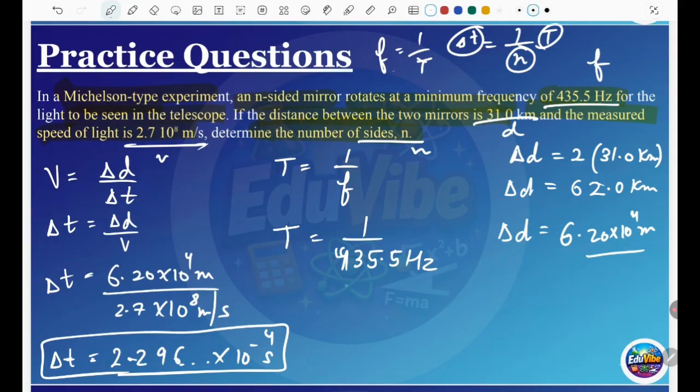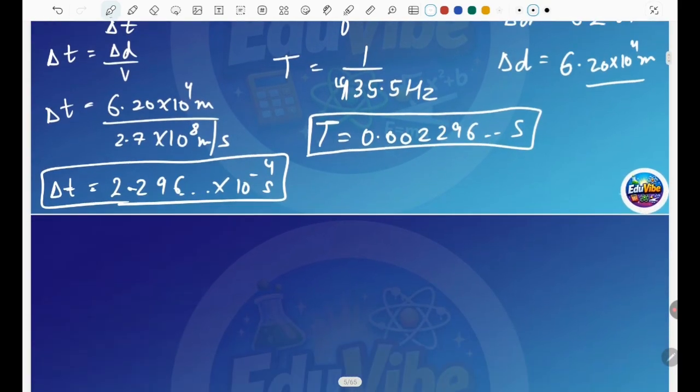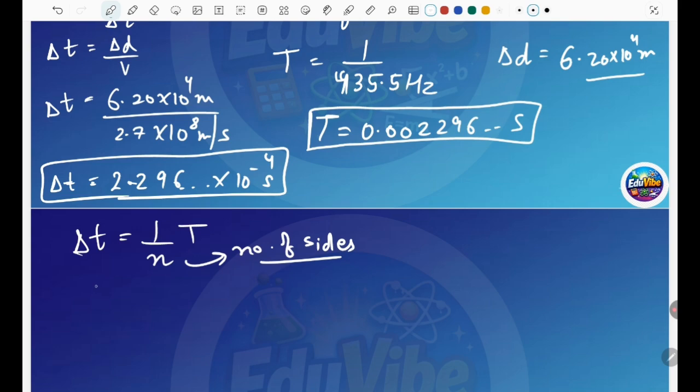When you do this, you will get your T of about 0.002296, which is also in seconds, but this is the period. And now you have to find n from delta t equals 1 upon n times the big T. That n is your number of sides on the mirror.